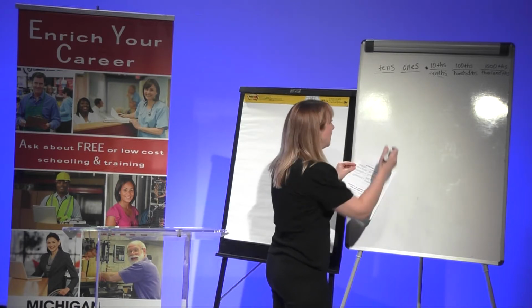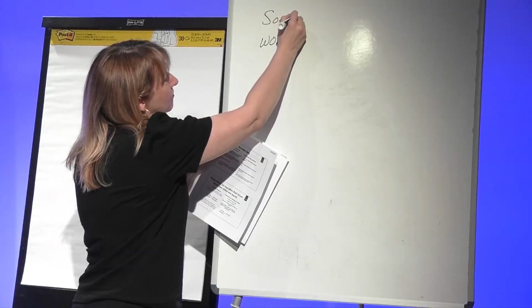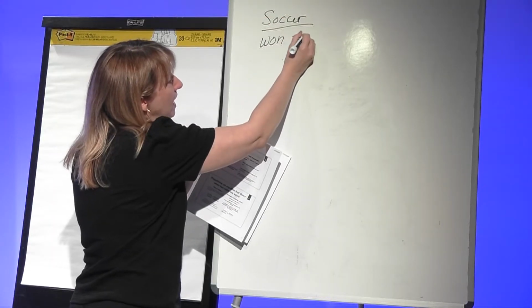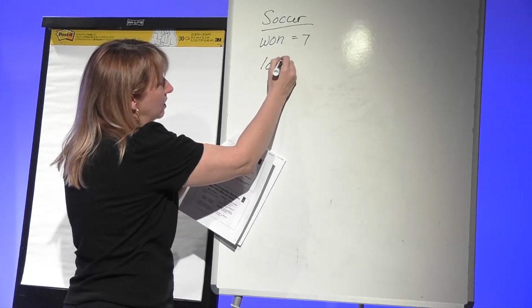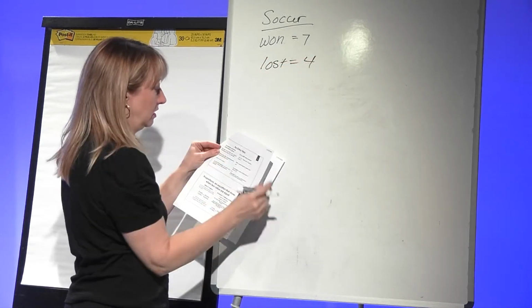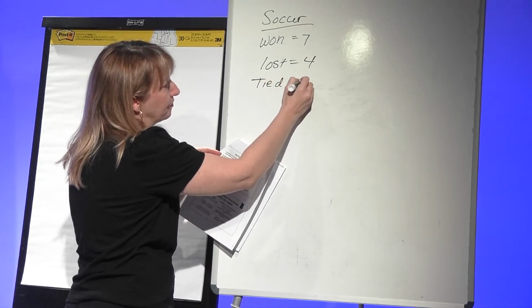So we know that the girls' soccer team won 7 games. They lost 4. And then they tied 1 game.